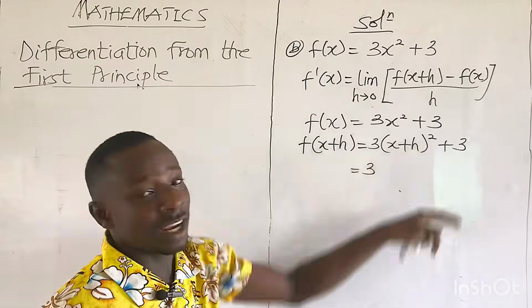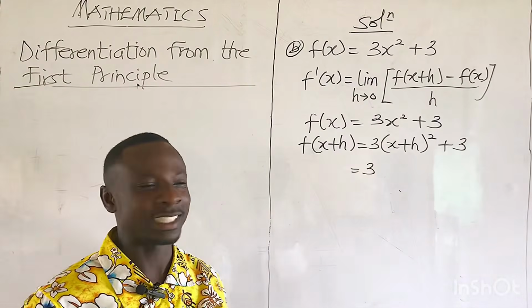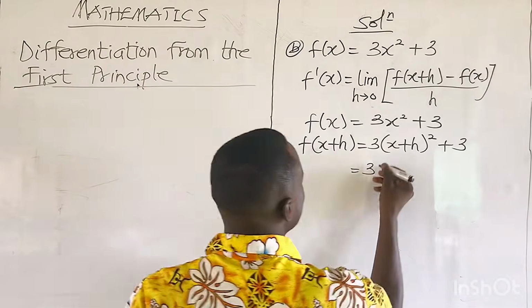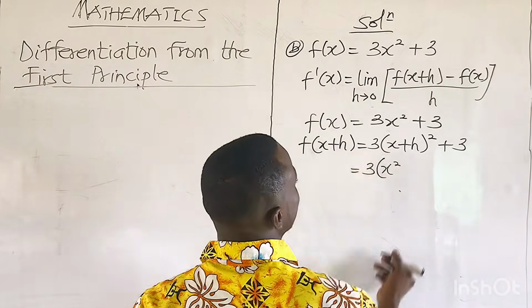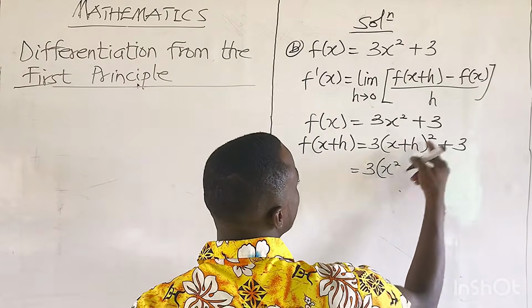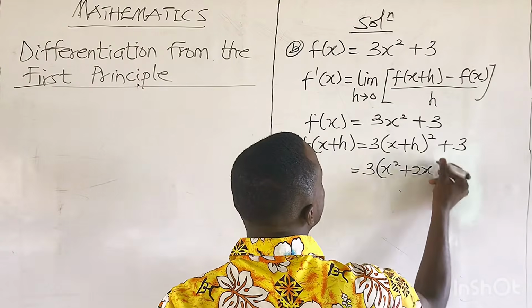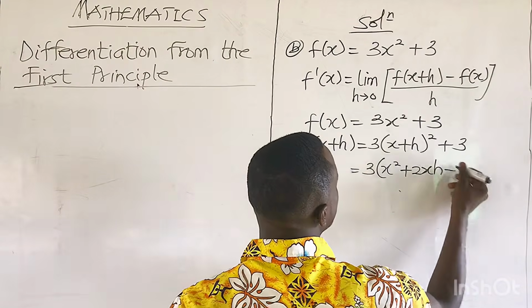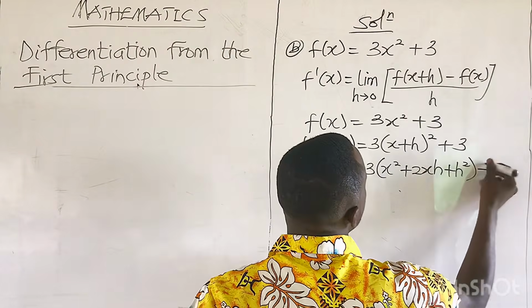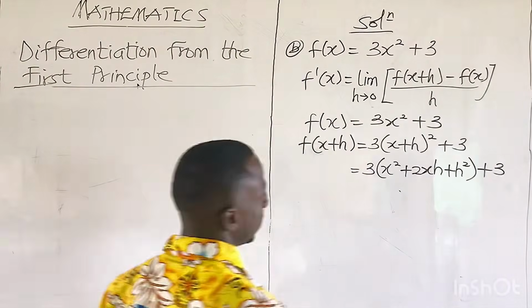Since this is squared, we are still going to use the SMS. So we square the x, we have x squared. Then multiply, I have 2xh. I square the h, I have h squared plus 3.